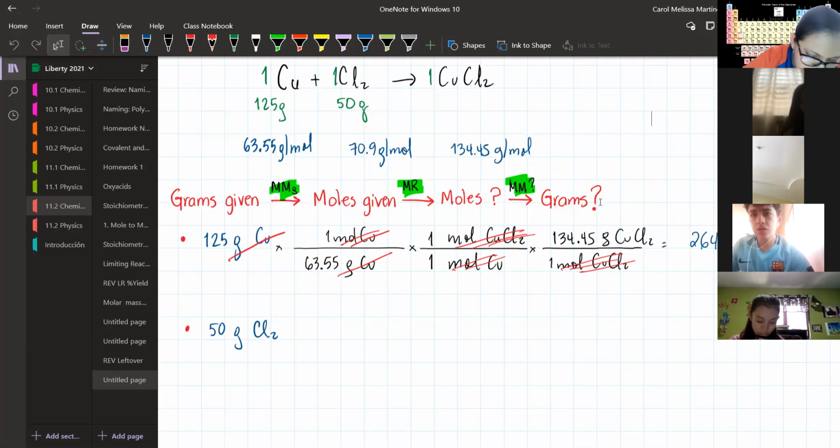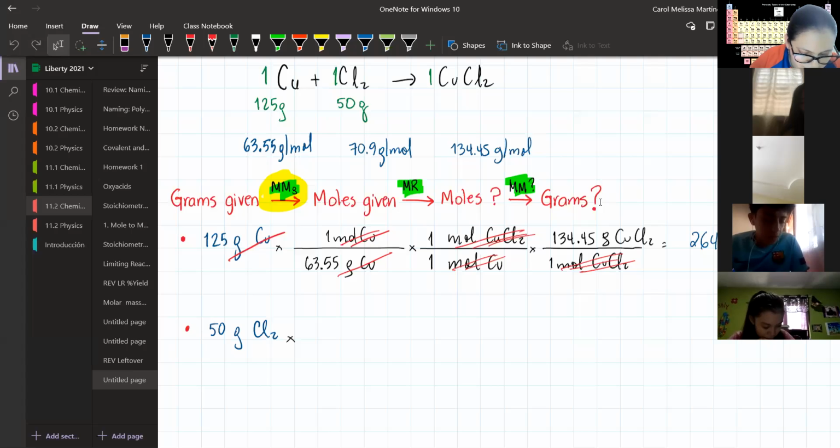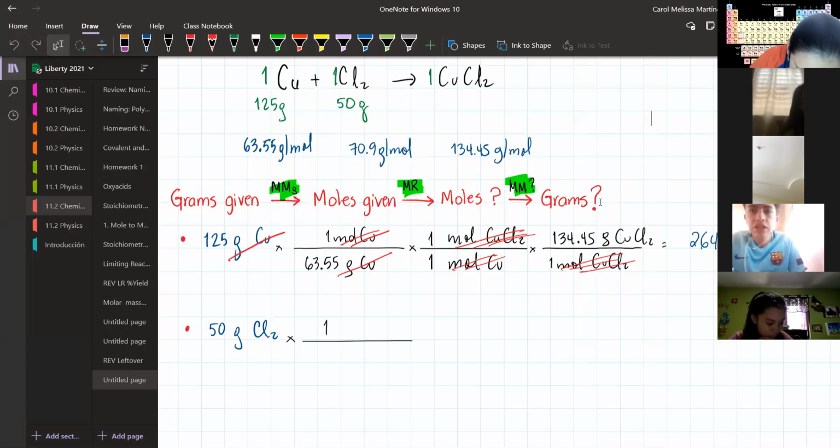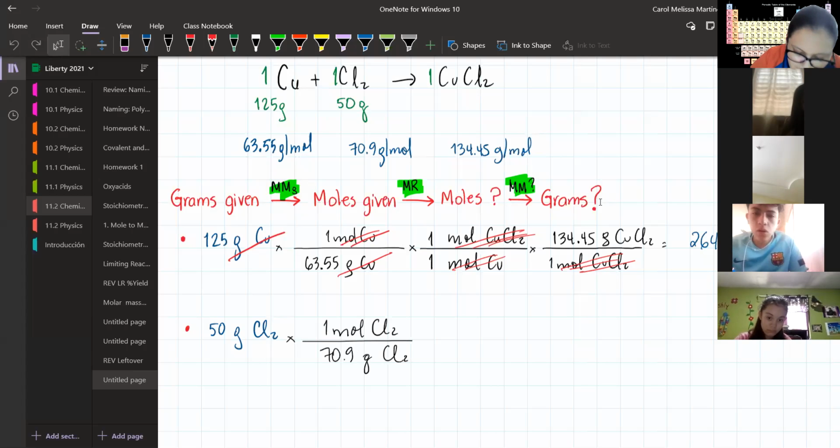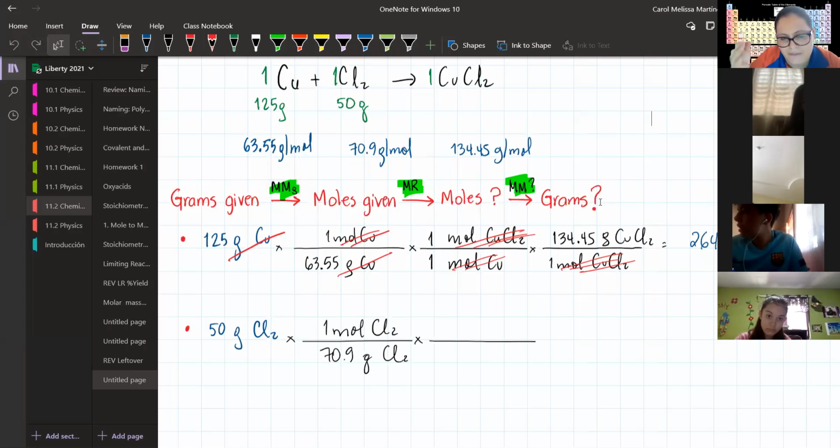Okay, so we need to compare to the next one. 50 grams of chlorine: according to the path, I need the molar mass of my given. So in 1 mole of diatomic chlorine, I have 70.90 grams of diatomic chlorine. The molar ratio, as we know already, is 1 to 1 because all the coefficients are invisible ones.